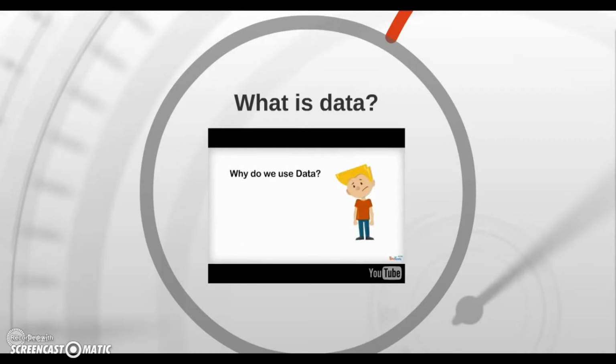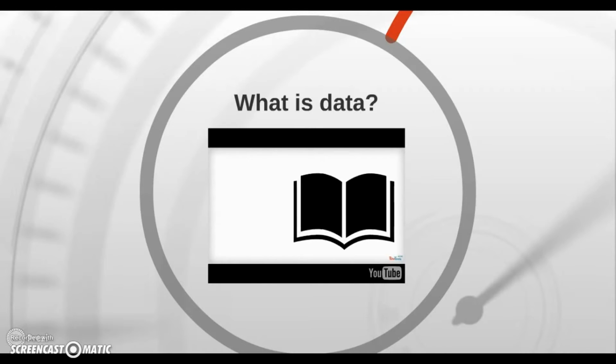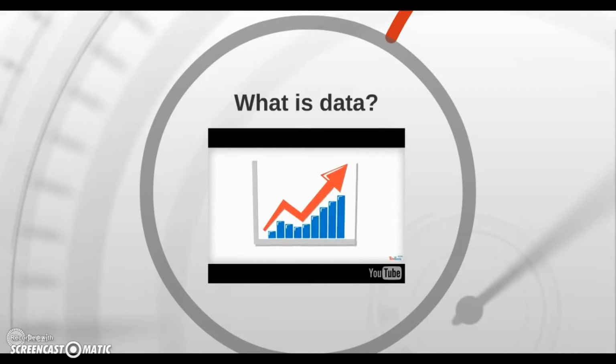So why do we use data? We use data for different reasons. Data can be used to answer a question or tell a story. Having a question to answer can provide focus and make it easier to find patterns with the data.